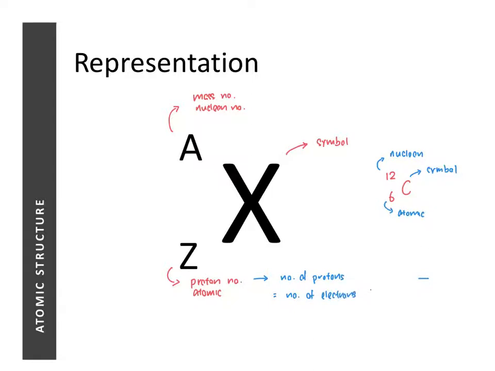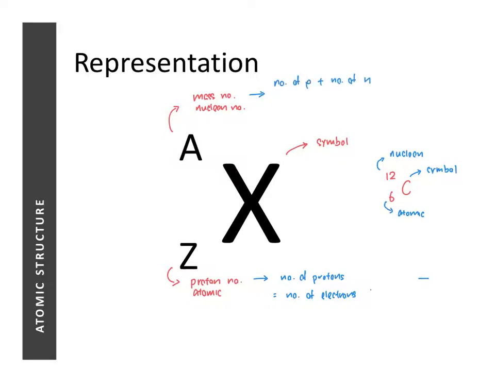And then how about neutrons? For neutrons, we need to look at the nucleon number or the mass number. I've already mentioned nucleon represents protons and neutrons, so the nucleon number tells you the number of protons plus the number of neutrons.